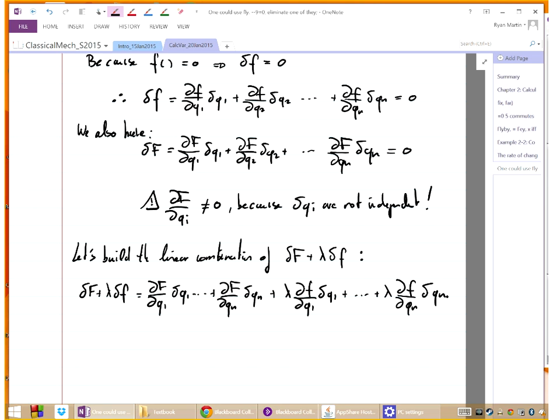Okay? So let me write this a little bit more neatly with a sum. That's equal to the sum from i equals 1 to n of di capital F by di qi plus lambda times di lowercase f by di qi, and that all multiplies delta qi.